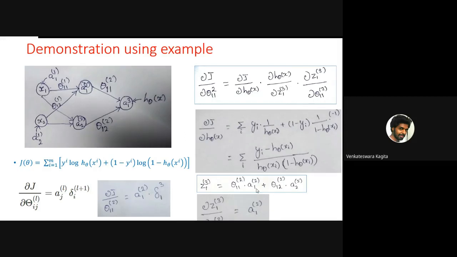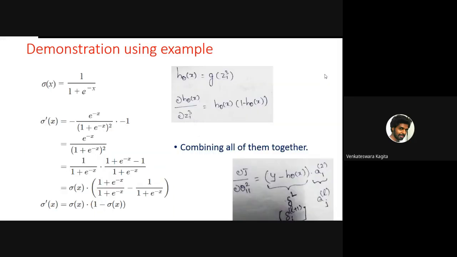What else is left? Derivative of h theta of x with respect to net sum. Okay, you have seen one previously, z dash z, right? So this is that z dash z, derivative of h theta of x with respect to z. So if you take derivative of the sigmoid function, which means derivative of sigma of x with respect to x, you will get sigma of x times 1 minus sigma of x. I'll share the slides, you can go through this and see.